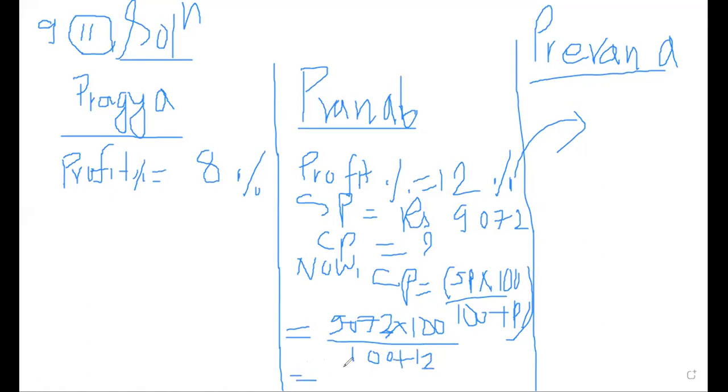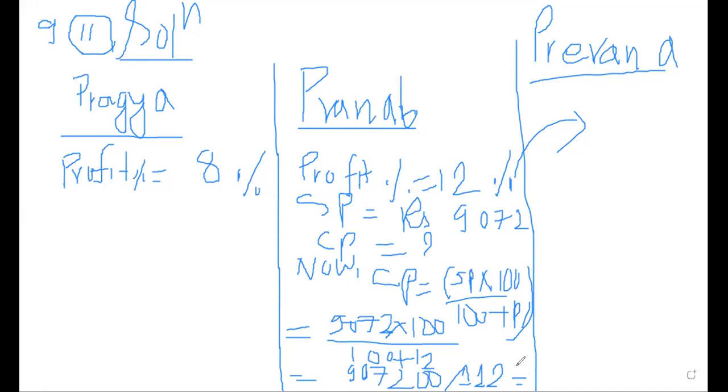Look here: 9,072, when you multiply with 100, there will be two more zeros added. And this should be divided by 112. How much will you get? 8,100.